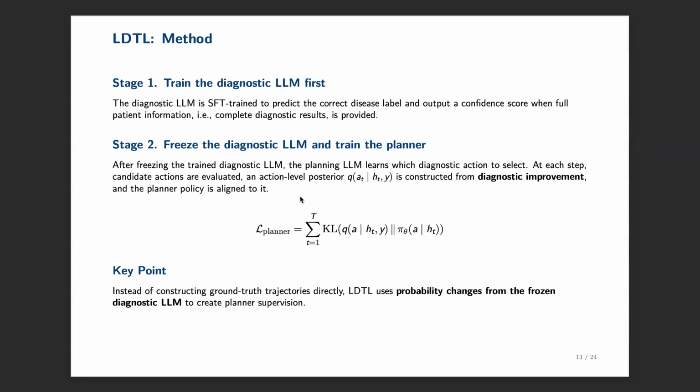At each step, candidate actions are evaluated by how much they improve the diagnostic model's belief in the correct label. This creates an action posterior. Then the planner is trained to match the posterior using KL divergence, like teacher and student.